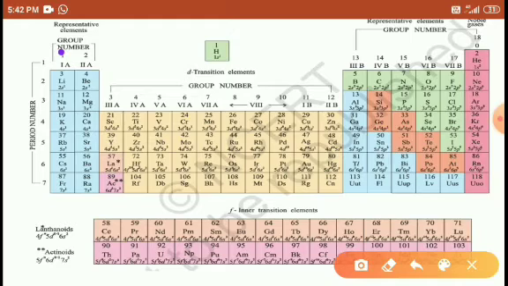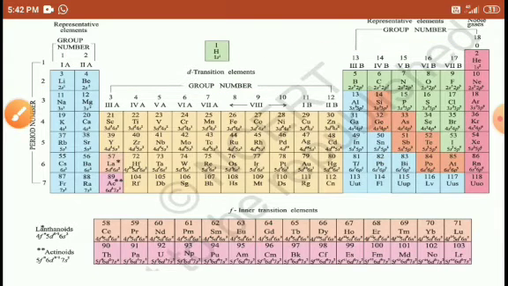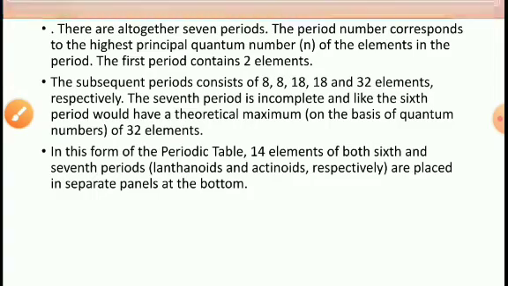The first group contains hydrogen and lithium, and the second group contains 8 elements, right? He made this table, students. You have to see it in your NCERT textbooks.